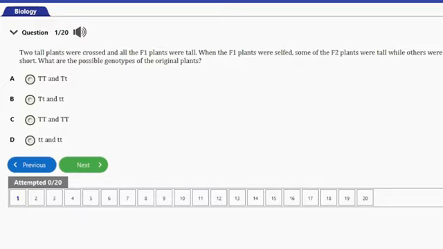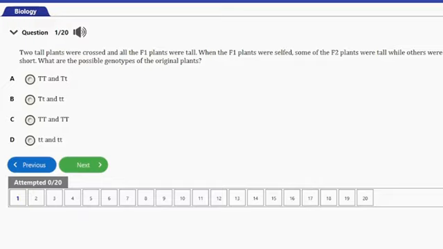So guys, the answer to this question will be option A, because when you cross the plants in option A, you're going to get all plants to be phenotypically tall, but some of the plants will still be heterozygous.